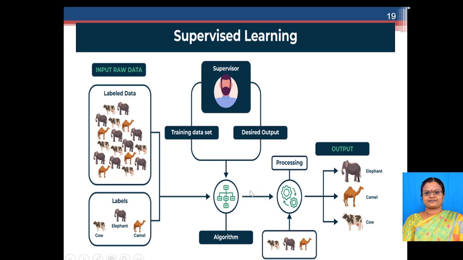After doing all these activities, the algorithm can identify the type of animal given in the image. It can say this is an elephant, this is a camel, and this is a cow, because we are providing labels as well as human intervention. With this help, the algorithm is able to identify it very easily.